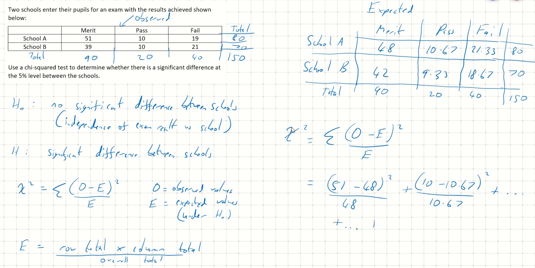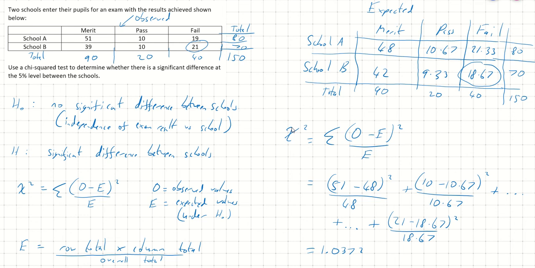And the final term in the bottom right hand corner, we're looking at the 18.67 here and 21 here. So we have 21 minus 18.67 squared over 18.67. And we work this big sum out on our calculator and we get 1.0372. So that's my chi-squared test statistic.